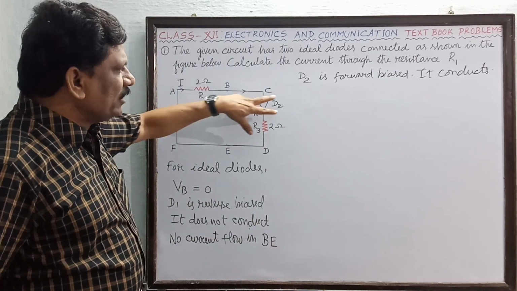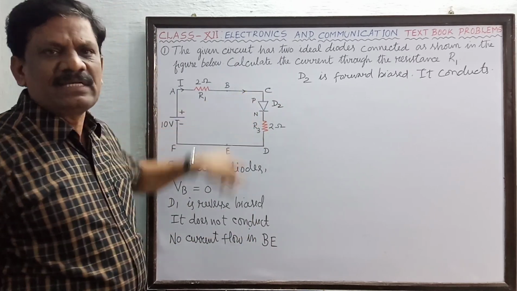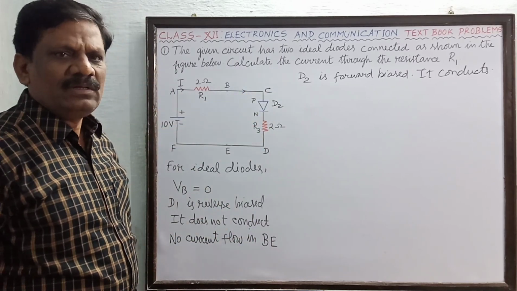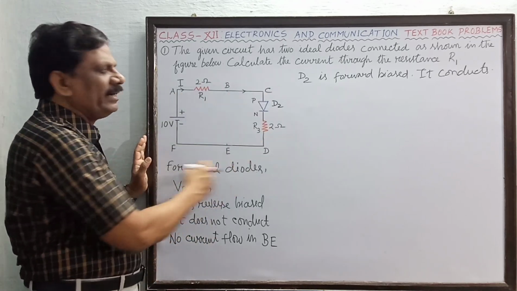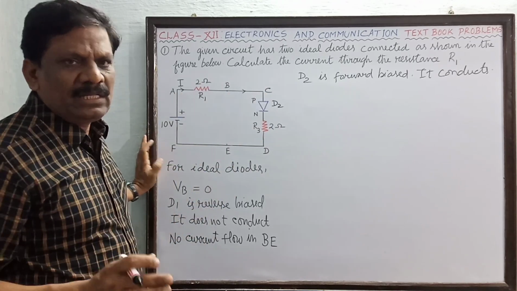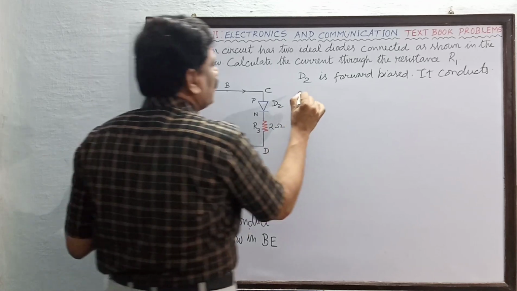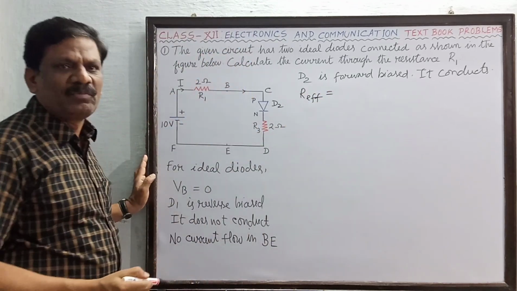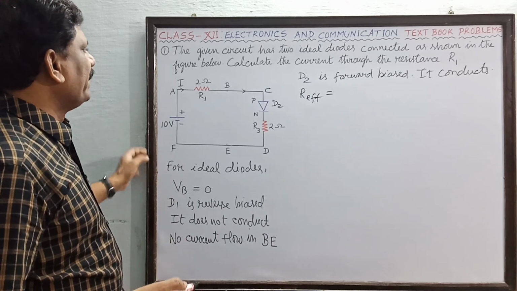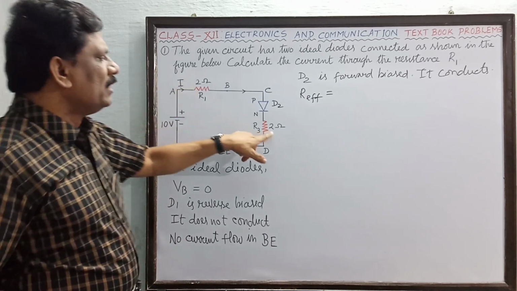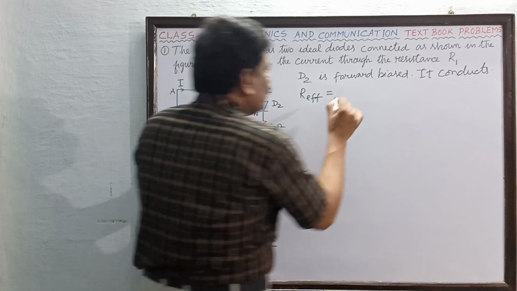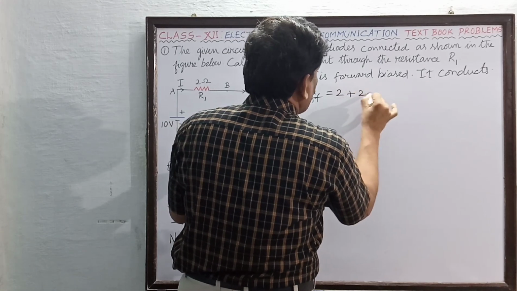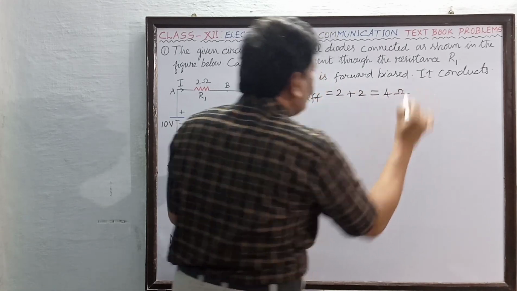And the internal potential barrier across this junction is also considered to be 0. Therefore, now in the simplified circuit, what is the effective resistance? The effective resistance is now 2 ohm plus 2 ohm only. So 2 plus 2 is equal to 4 ohm.